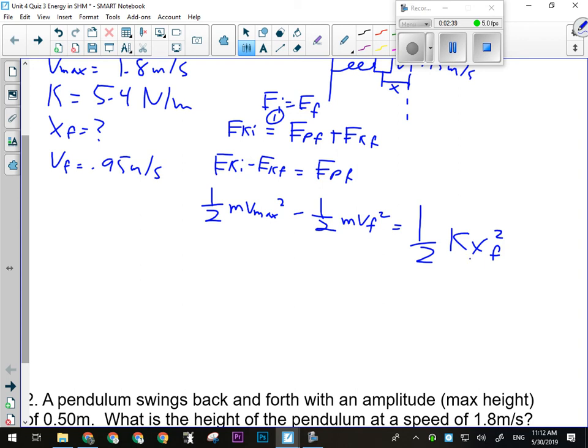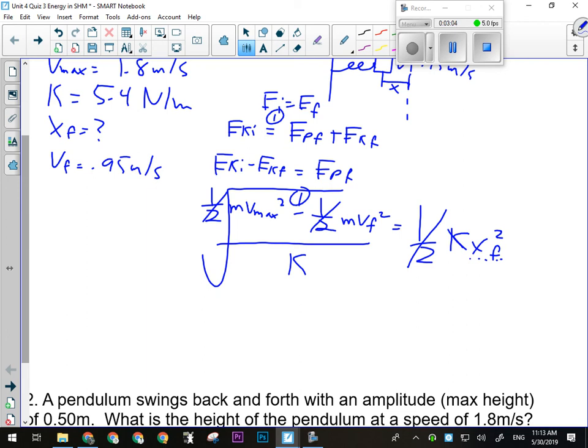I am looking for the displacement at that position, so I need to bring the 1/2 k over to this side. In fact, I just need to bring the k over because 1/2 is in every single term and it'll cancel off. So I'm going to divide both sides by k, and then I'm going to square root. All right, so that was 2 marks. We'll say 3 marks here.